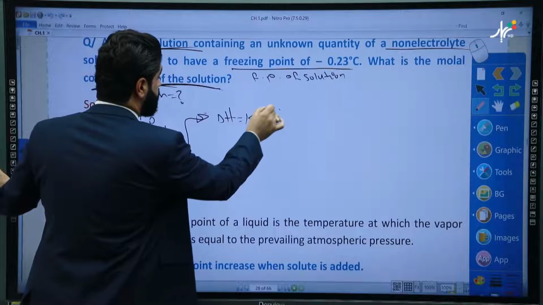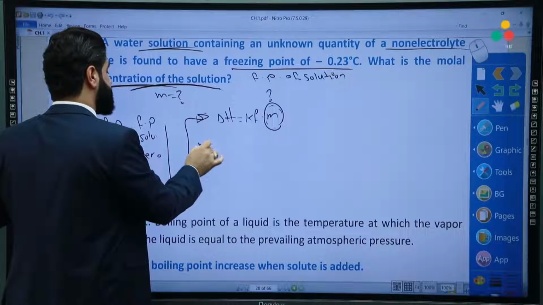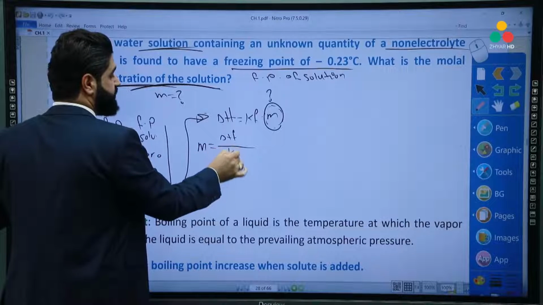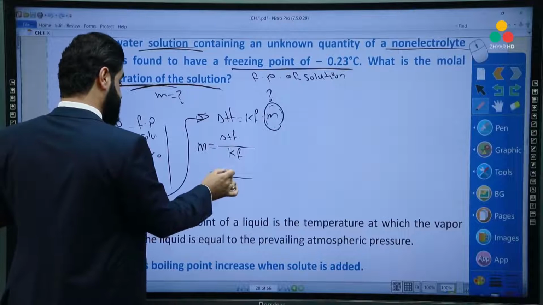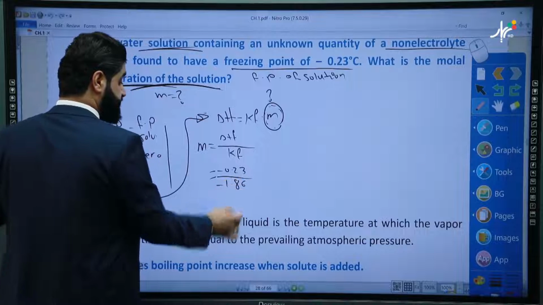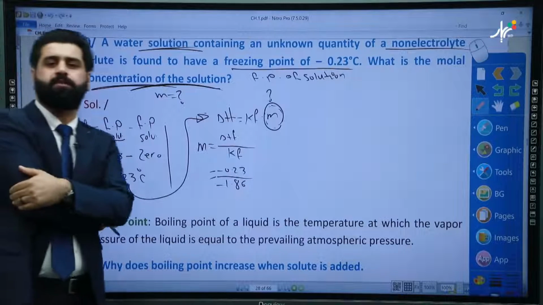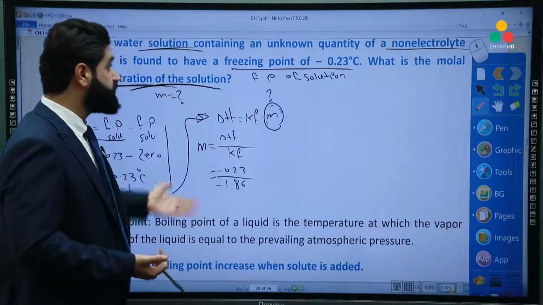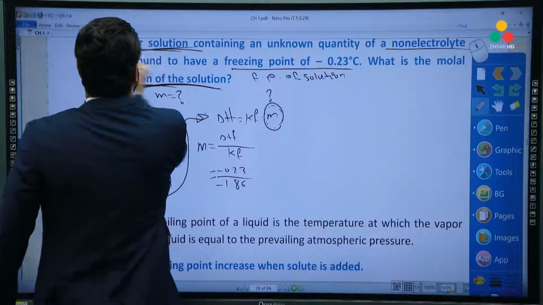We are looking for molality. What is the value of molality? So molality equals delta TF divided by Kf, where delta TF equals negative 0.23. Kf is negative 1.86. Why 1.86? In which part of this question do we get this number? Nowhere. But because the solvent is water, look, a water solution.